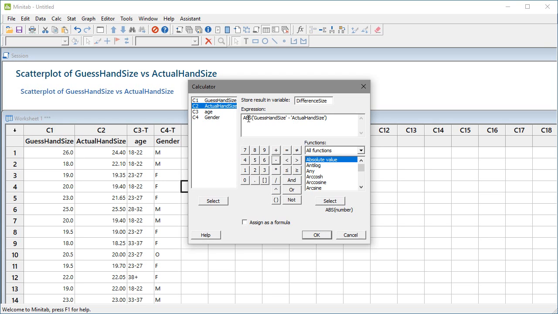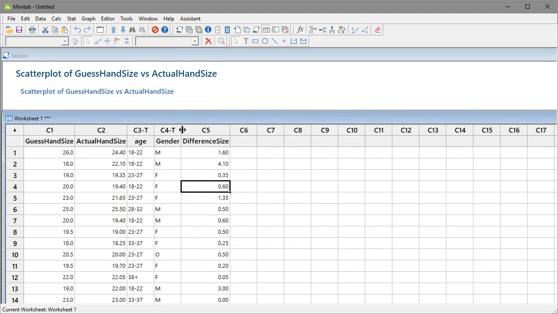So you see how we're calculating the absolute value. Remember, absolute value takes whatever is in that parentheses and basically makes it positive. If it's negative, it becomes positive. If it's positive, it stays positive. Then we click OK, and here we've got the size difference. So it's 1.6 difference for this person. Wow, 4 for that person.